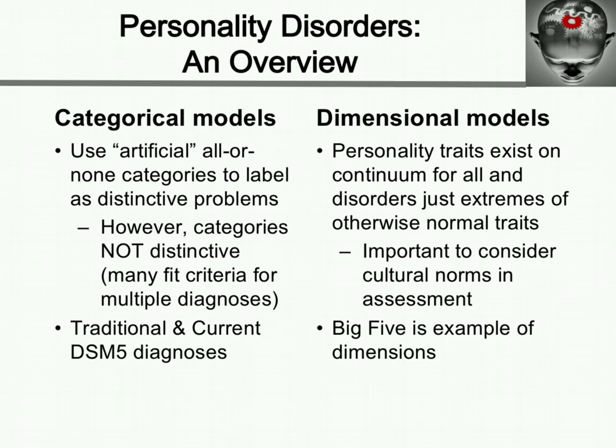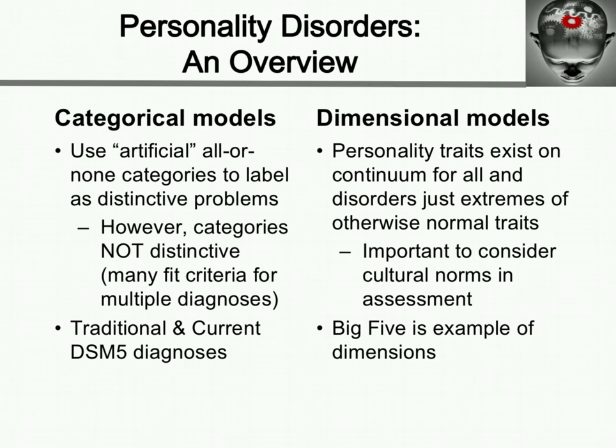The complaint about this categorical model is that the categories created under this system are sort of artificial all-or-nothing categories, where you're either completely and totally very different from everybody else or you don't have a problem.